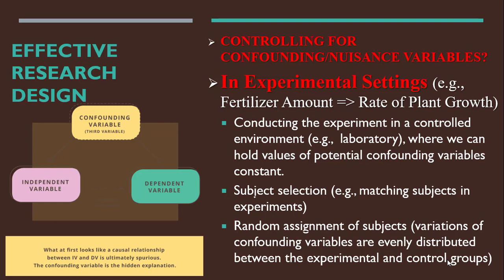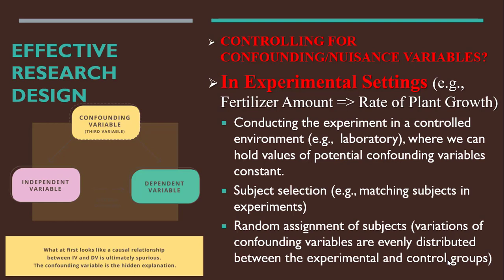The only thing that you are interested in, which is the fertilizer application, is what you are changing in the system. Okay. Then also, if you are using subjects, maybe in clinical trials and things like that, they make sure that the patients being used for the trials are as similar as possible in terms of their history, their health history and attributes.